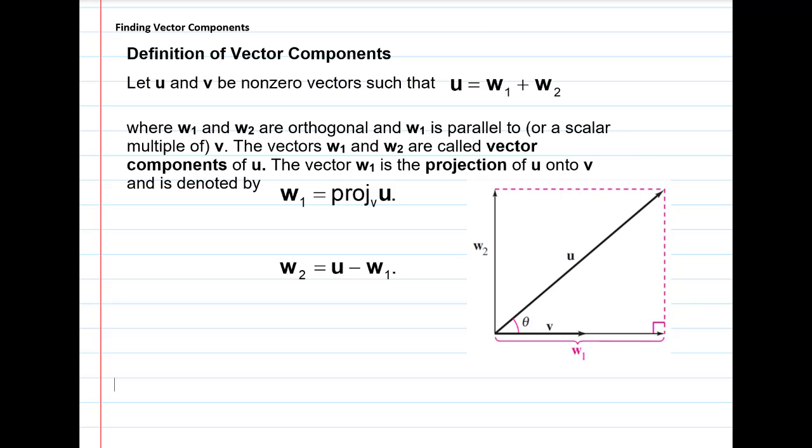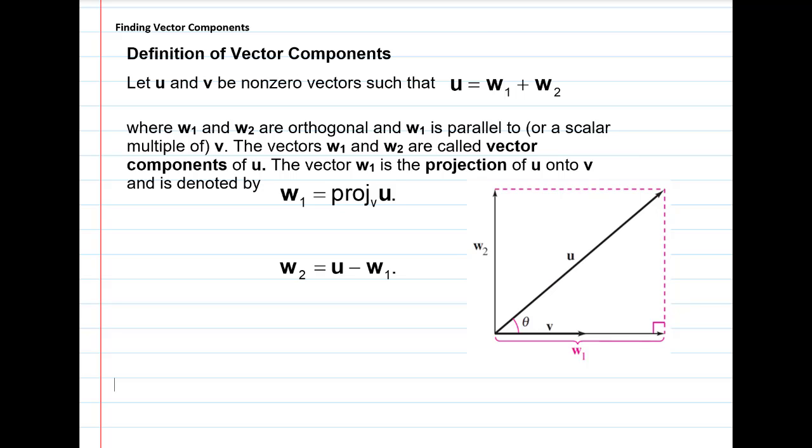Now, vector w1, the one that is right on top of vector v, is what we call the projection of u onto v, and is denoted by proj with a little v as a subscript there.